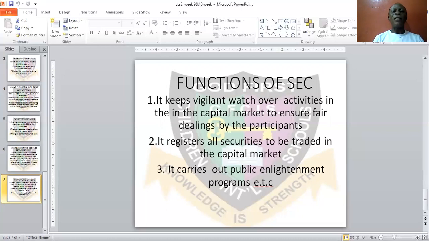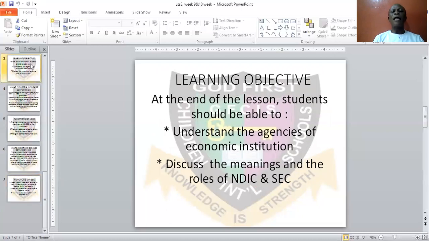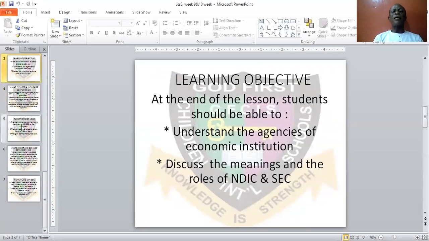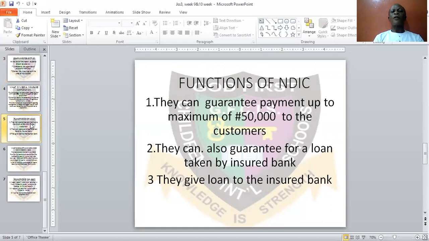Don't forget that this one is different from NDIC. It's different from NDIC, though it's also a government institution. That is NDIC, the Insurance Corporation. Don't forget that these people are the embodiment of those who push the development of our economy in Nigeria.